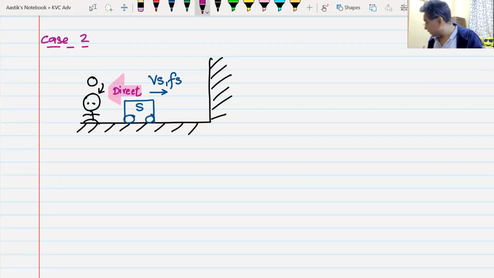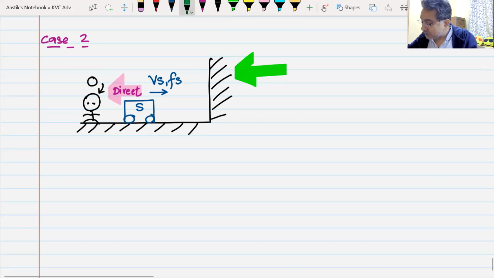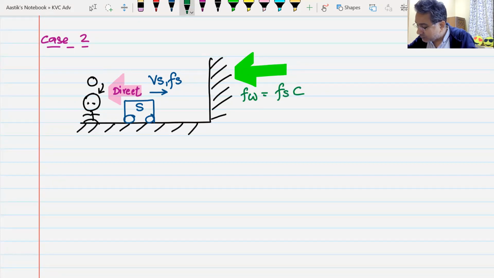And one would be reflected by the wall. You can assume that the wall is a source of sound which emits a sound of frequency emitted by the wall. The frequency emitted by the wall is the frequency of source into C upon (C minus Vs).